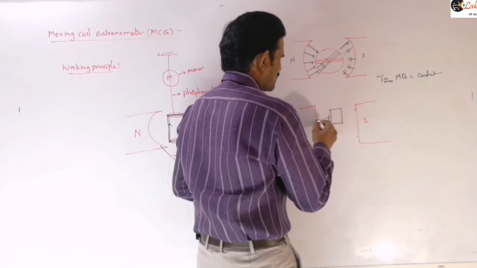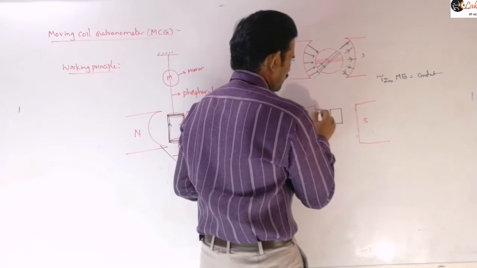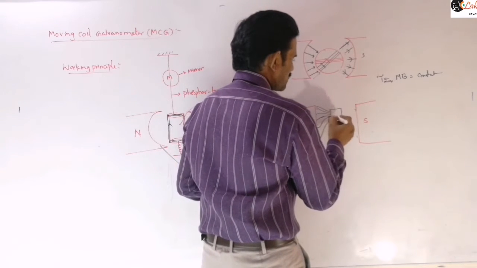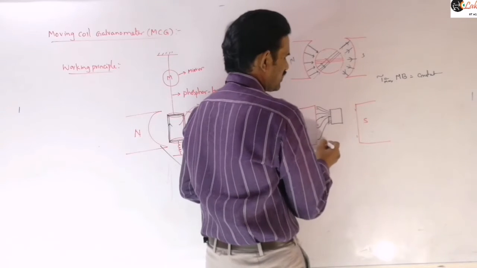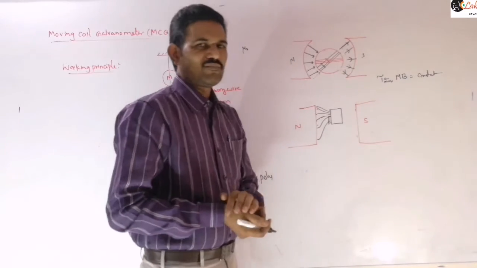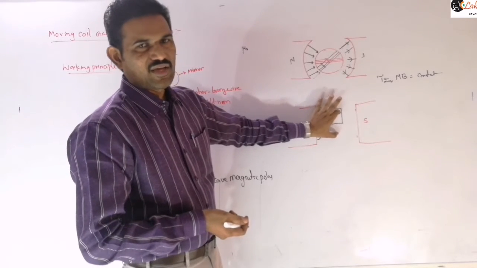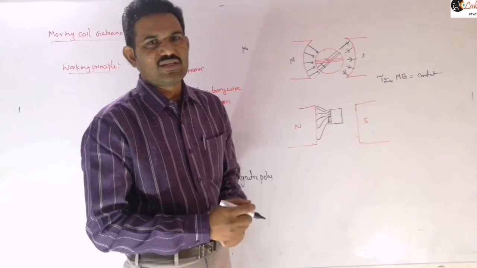That means the field lines prefer to pass through this medium when compared to this air medium here. So when the field lines prefer to pass through that medium, automatically the maximum magnetic field will be concentrated in that region.